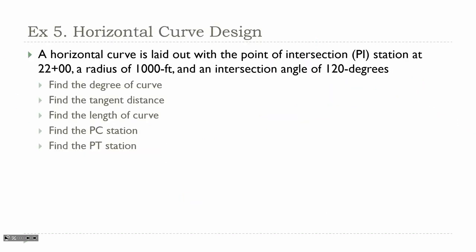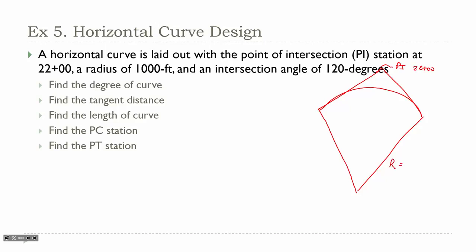All right, a horizontal curve is laid out with the point of intersection at station 22 plus 00, a radius of 1,000 feet and an intersection angle of 120 degrees. So again, this is mostly plug and chug. We've got our PI up here at 22 plus 00.